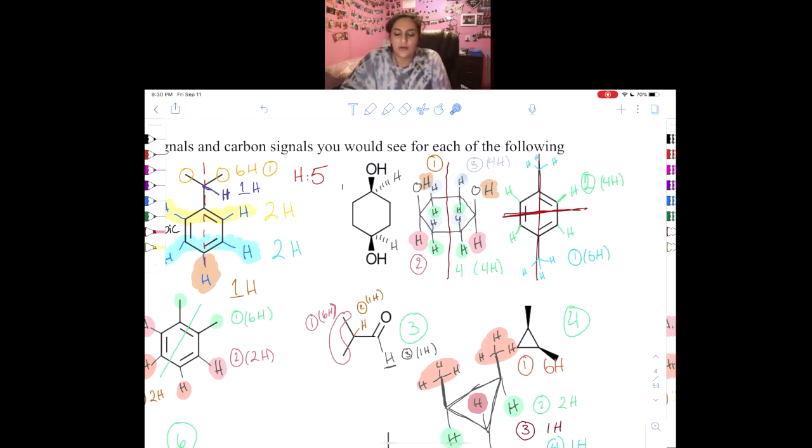The methyls are going to be equal to one another. Cool, so that's 1 signal. Now, each of these 4 hydrogens will be exactly identical because it is going to be next to a hydrogen, next to a methyl, next to a methyl, next to a hydrogen. So we will have 2 hydrogen signals total.